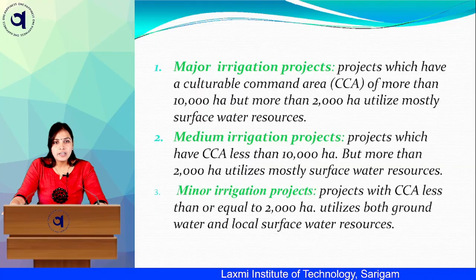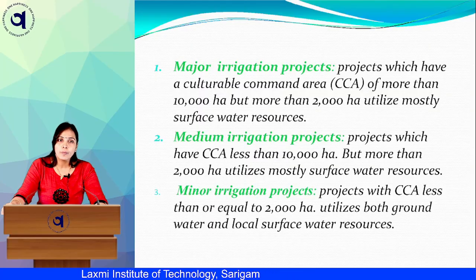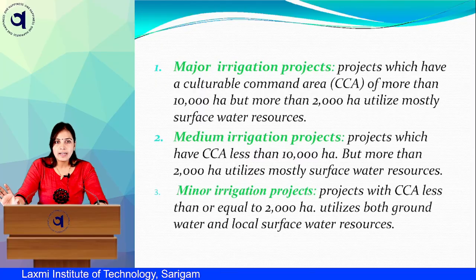Your irrigation system is defined into two parts: surface and subsurface, like groundwater we are utilizing. Your command agricultural land, the net land, is the gross command area.